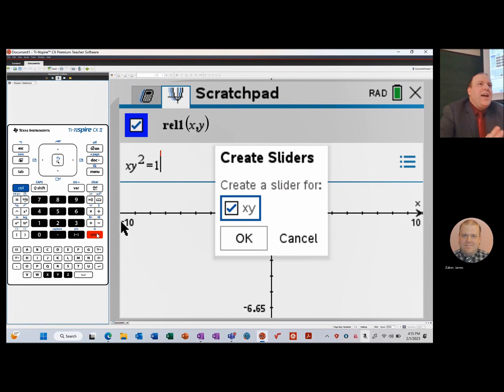The calculator is reading x, y as a single variable. You cannot do implied multiplication. Otherwise, it's going to read x, y as one single variable instead of x times y. So it's reading this as x, y as one variable squared. So think of it like z squared is equal to 1, right?